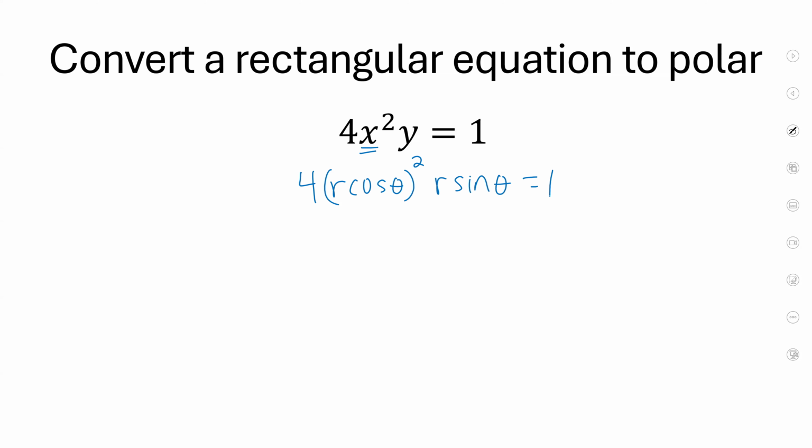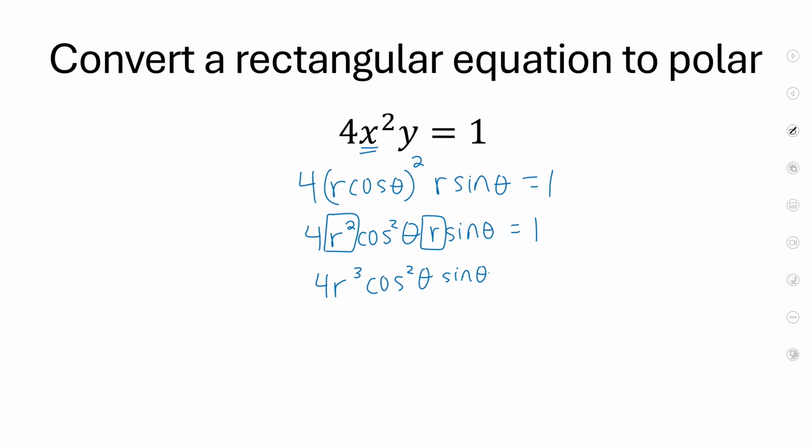And this, if I square it, will be 4r squared cosine squared theta, r sine theta equals 1. And I'll just combine my r's. This is r squared and another r, so this is 4r cubed cosine squared theta, sine theta.